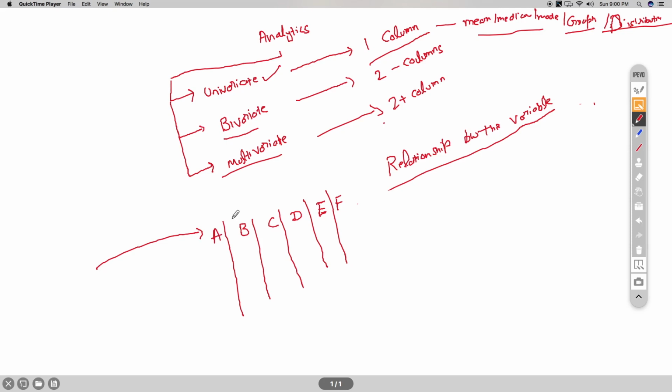First things first, I can apply univariate analytics everywhere, so I can just write U, univariate, on each column.